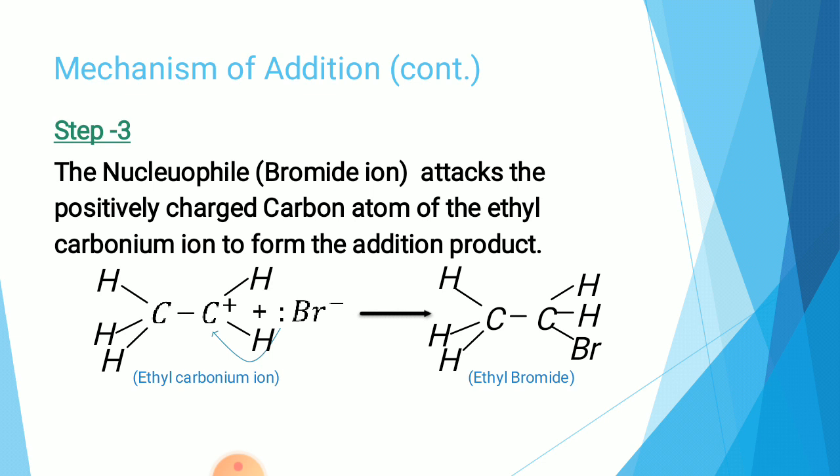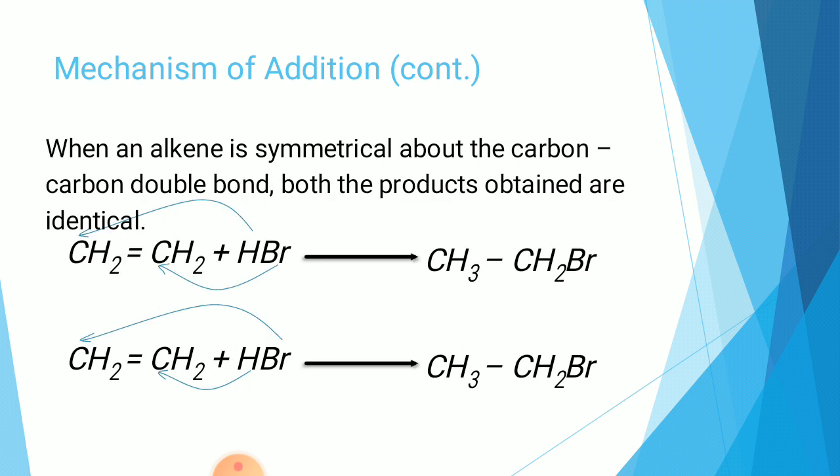Here one carbon atom is positively charged, which is attacked by the bromide ion, Br minus, a nucleophile. When the nucleophile attacks the positively charged carbon atom, we get our final product, the addition product, the name of which is ethyl bromide. So this is the final product of this reaction.